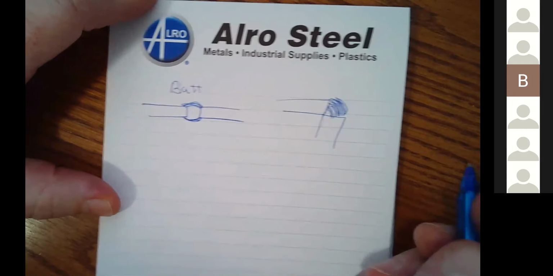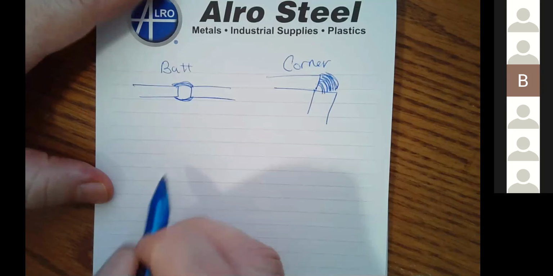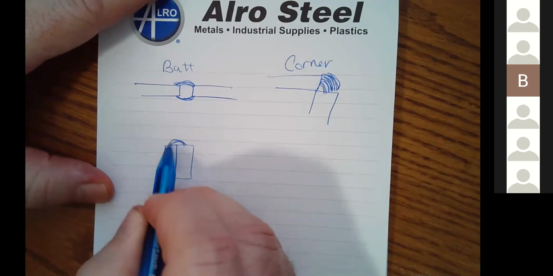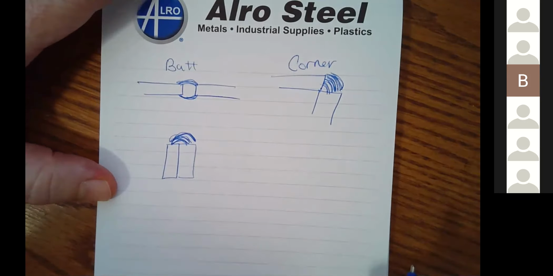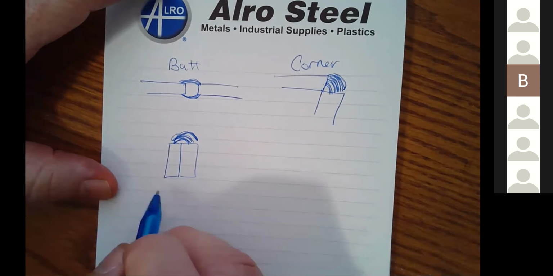A corner joint. Yep. And then we have an edge joint. Yep.